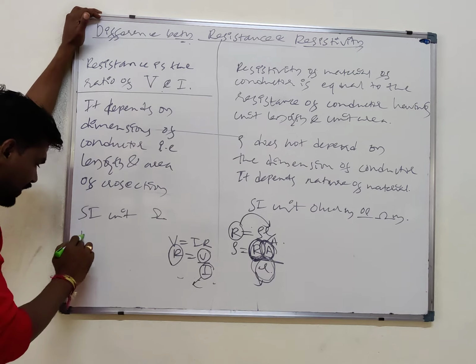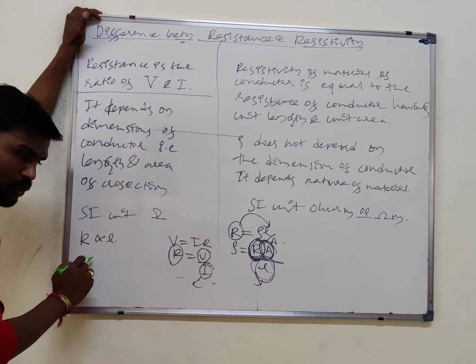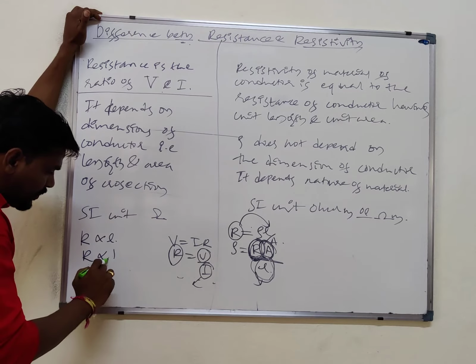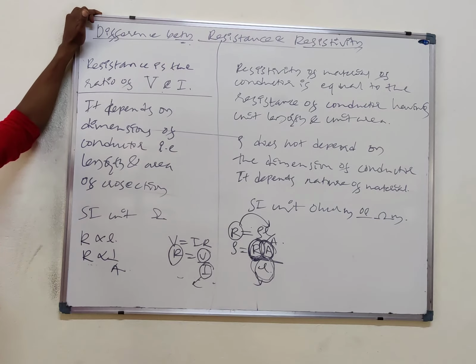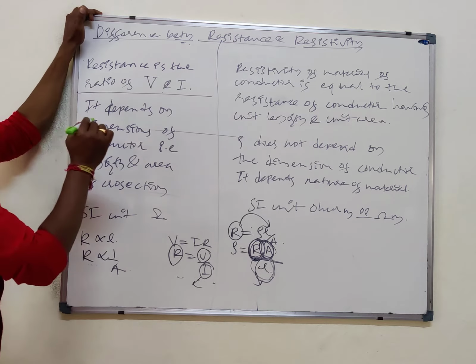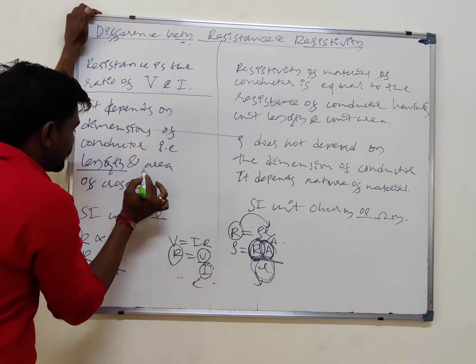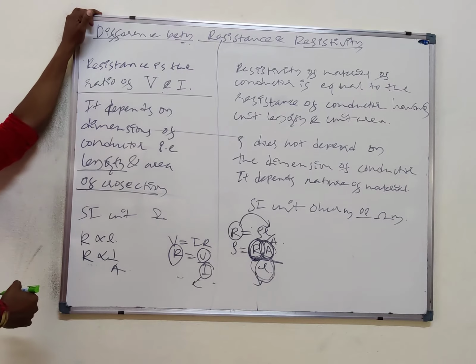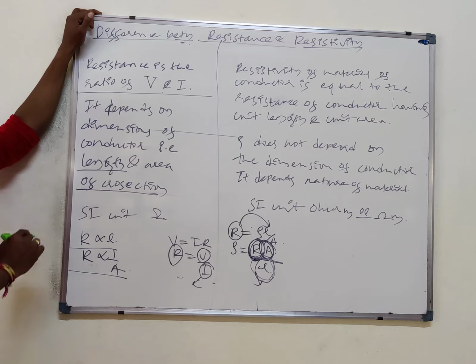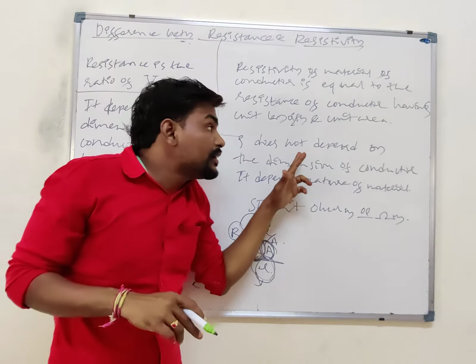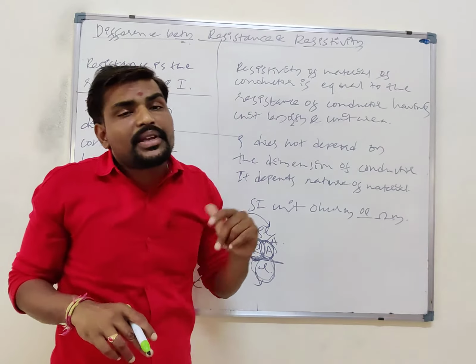R is directly proportional to L, R is inversely proportional to area. Resistance always depends on length and area of cross section. Clearly? So resistivity does not depend on dimensions of the conductor.